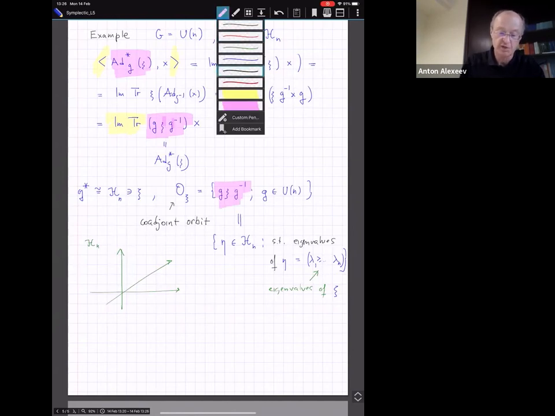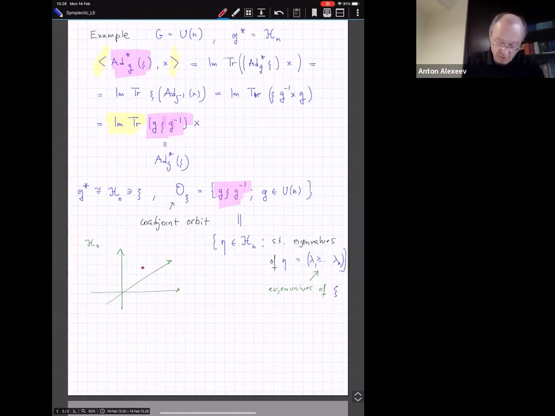And what I'm doing now, I'm choosing some point. So that was my point psi. And now I'm describing to you how the orbit of psi looks inside this ambient space. In this case, it's just a vector space. In general, it would be a manifold. And then in that manifold, I'm looking at what happens with a point if I move it by group elements.